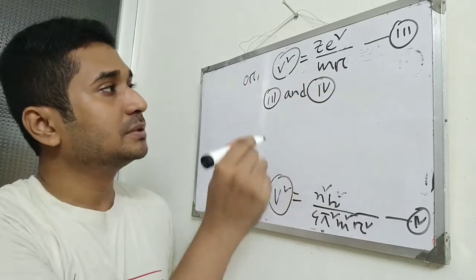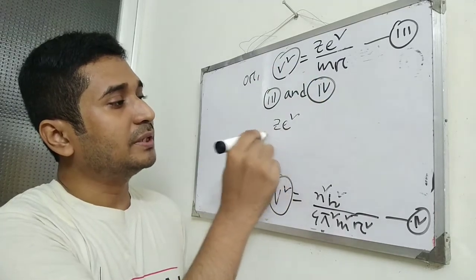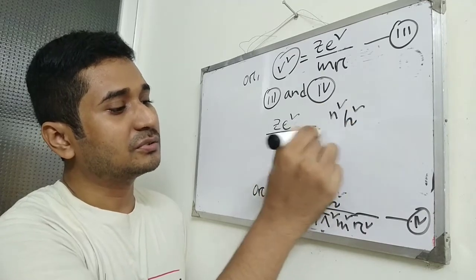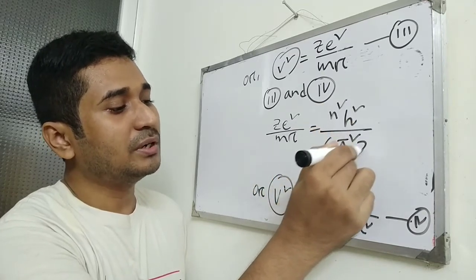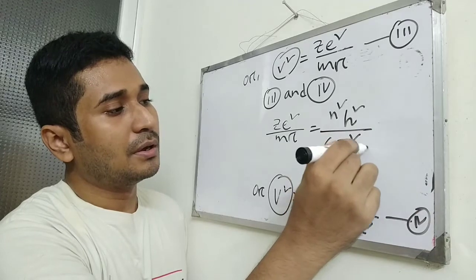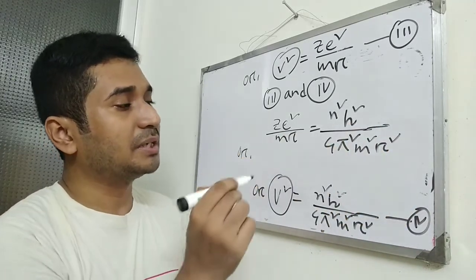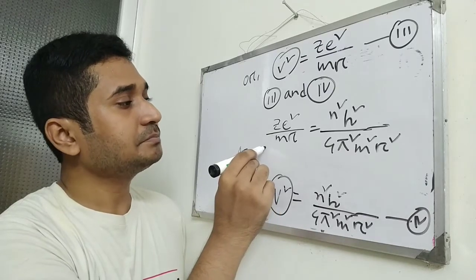What will happen? Ze square by mr is equal to n square h square by 4 pi square m square r square. Okay, now we can multiply by mr firstly.